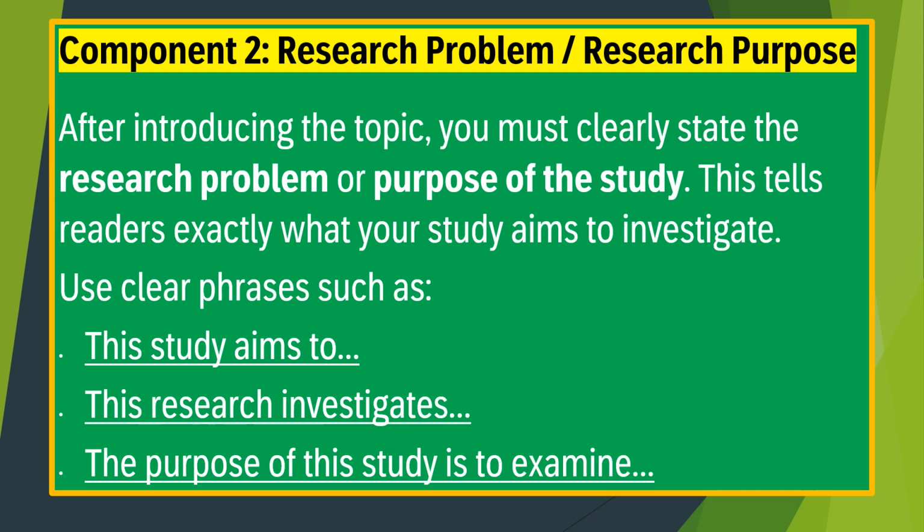Component 2, Research problem/research purpose. After introducing the topic, you must clearly state the research problem or purpose of the study. This tells readers exactly what your study aims to investigate. Use clear phrases such as, this study aims to. This research investigates. The purpose of this study is to examine.